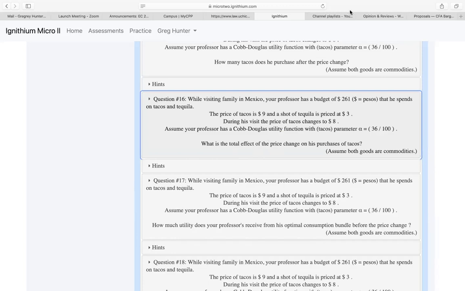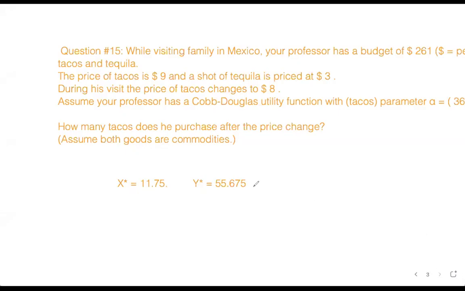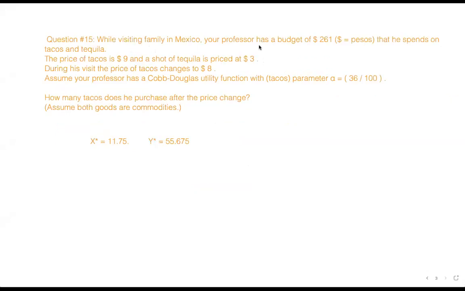Remember, anytime that you are going to compute a change, the way that the change is computed is like this. So the change in this case, the purchase of tacos, and the notation that I've been using is just dx.